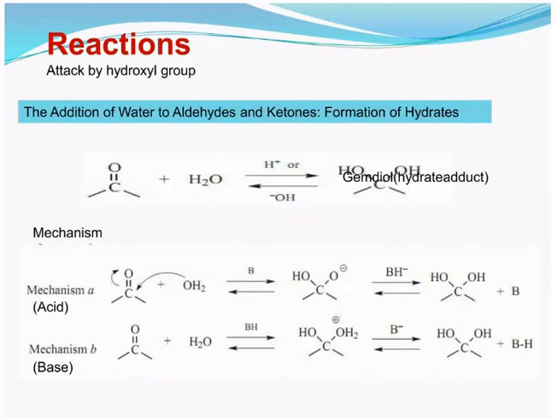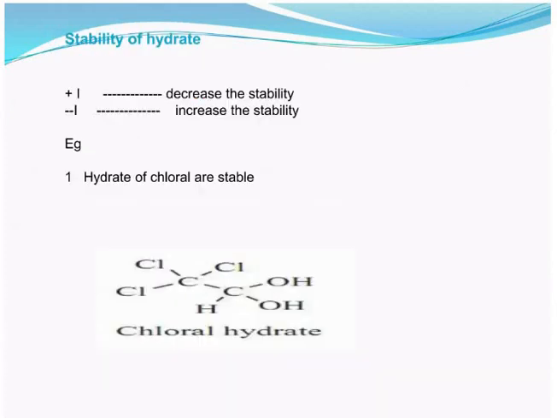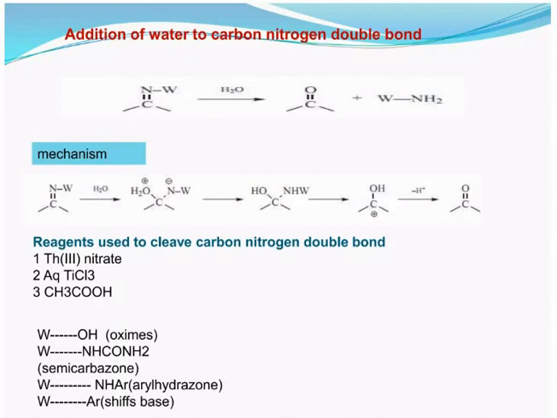So look here at reactions from acid catalysis and base catalysis. Now decrease the stability, increase the stability. Hydrates of chloral are stable. You can see the carbon contains 2 OH groups. Now addition of water to carbon-nitrogen double bonds.